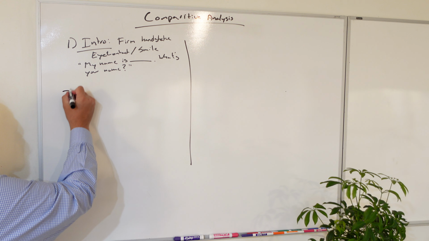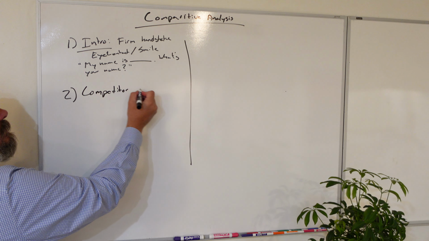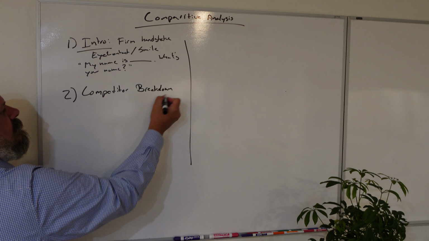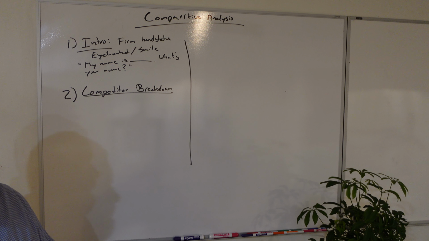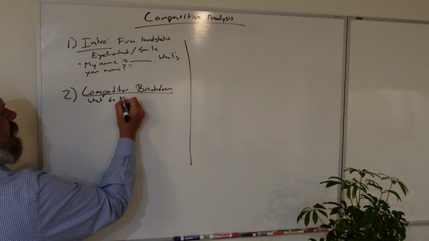#2 is the competitor breakdown. All right, so this is their system, this is their setup. What do they got? Do they have right now?